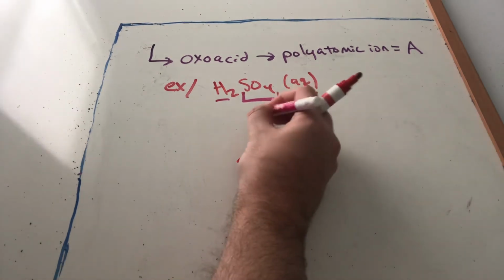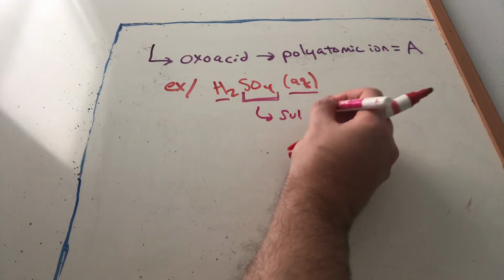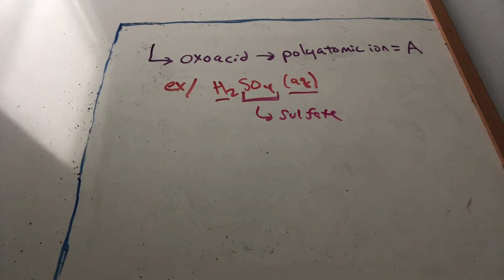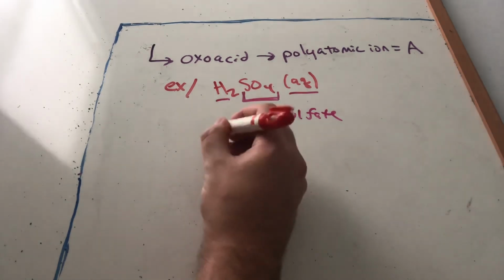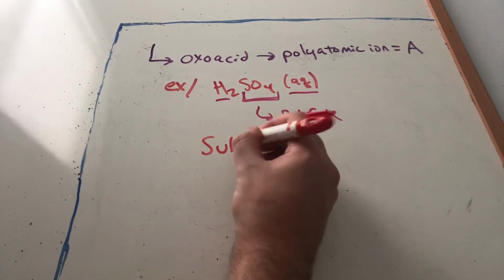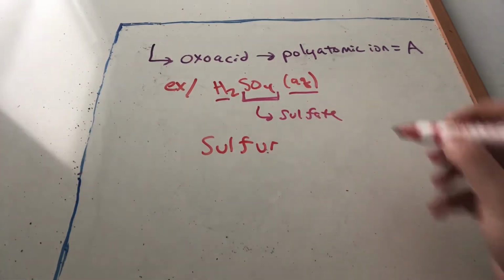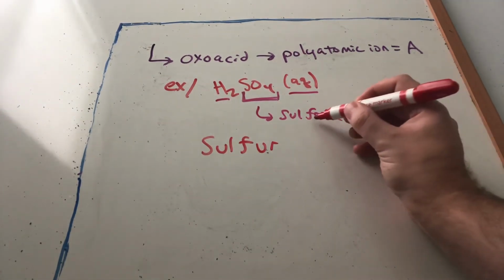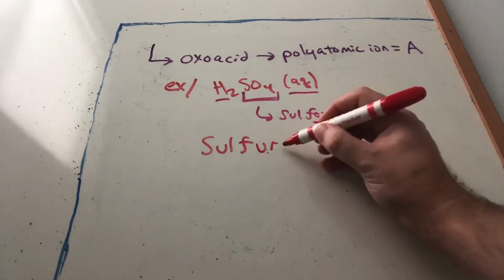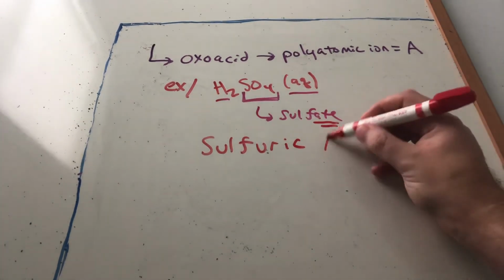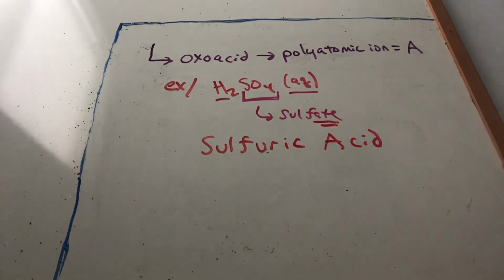This polyatomic ion is sulfate, right? So when we go to name this acid, we're going to use the sulf root. I'm actually going to go all the way to sulfur. And then what happens to ATE? ATEs become IC. So this is sulfuric acid.